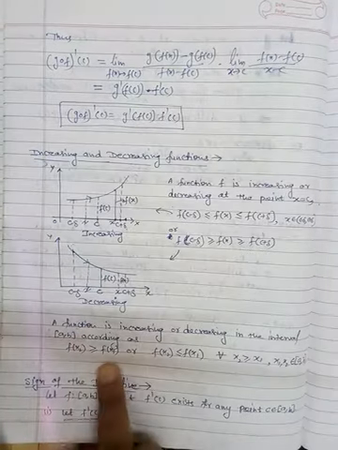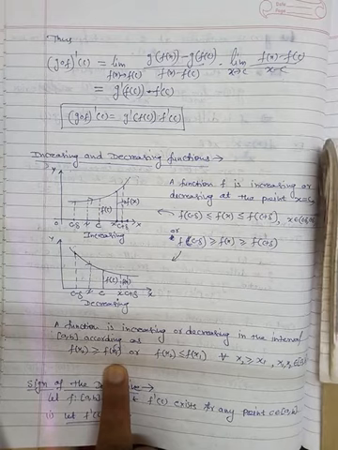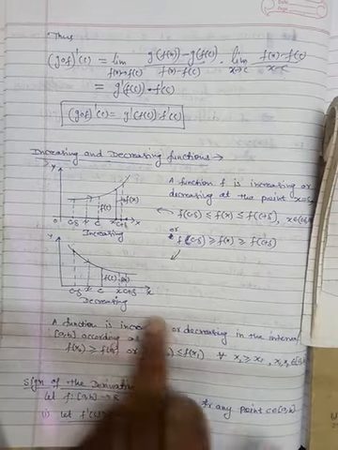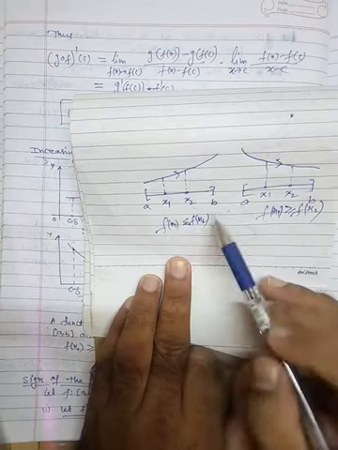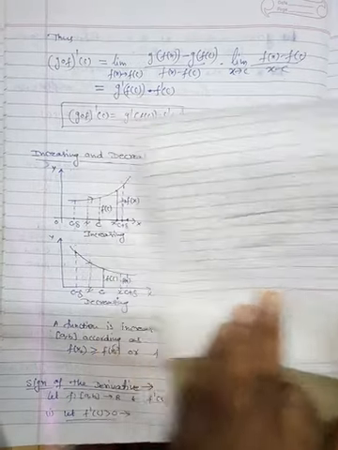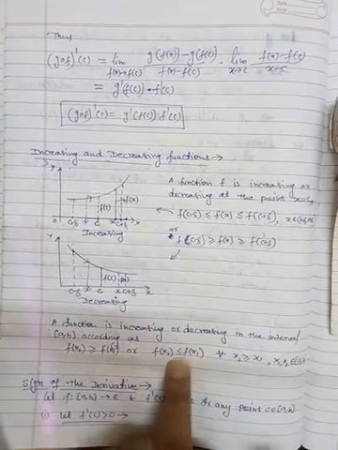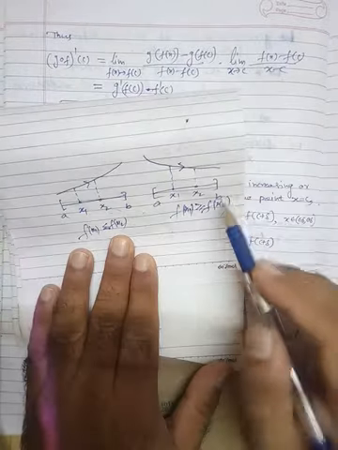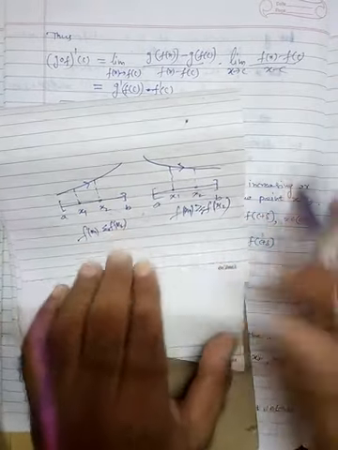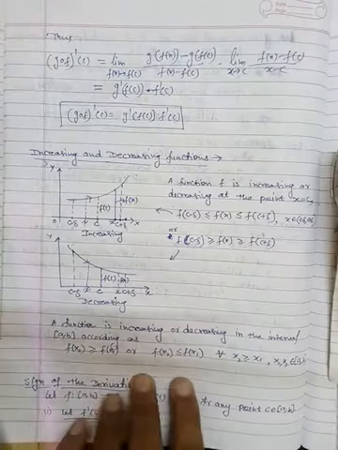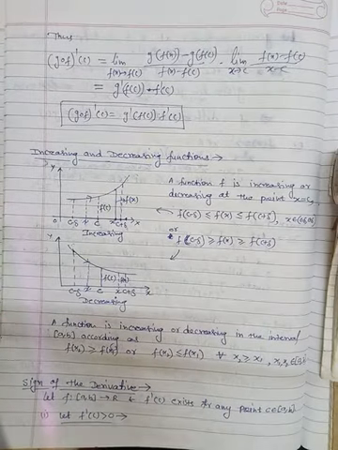So this is written here: f of x2 is greater than equal to f of x1 means increasing, and f of x2 is less than equal to f of x1, that is f of x1 is greater than equal to f of x2, so decreasing pattern. Fine. So this is written here, decreasing.